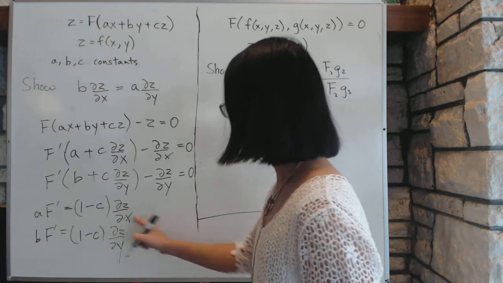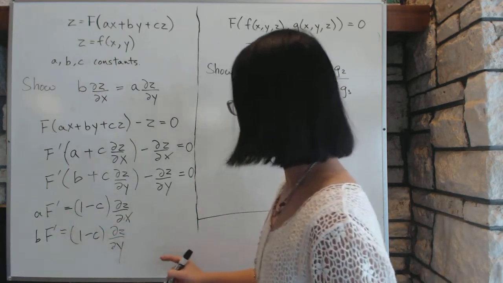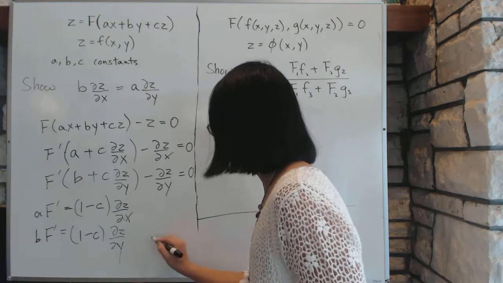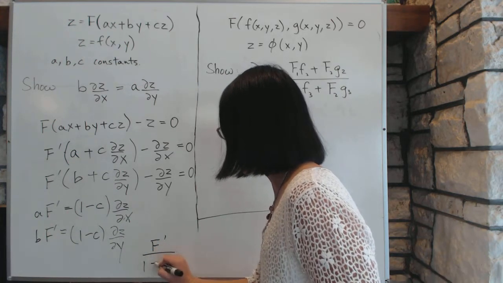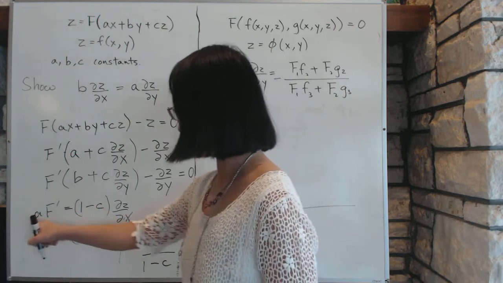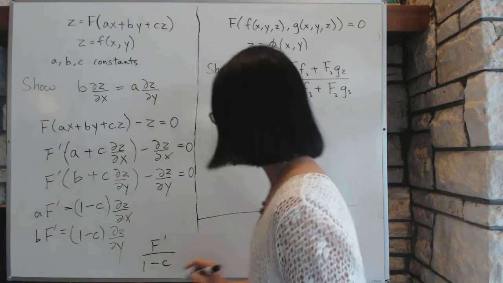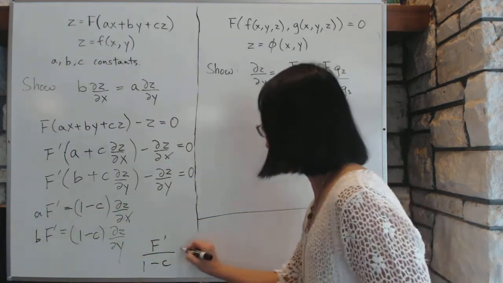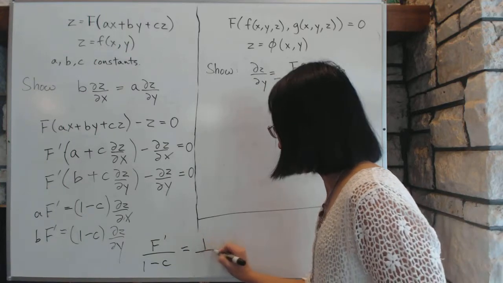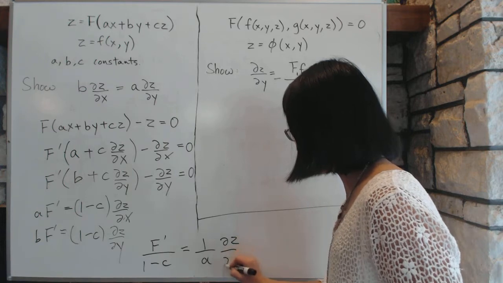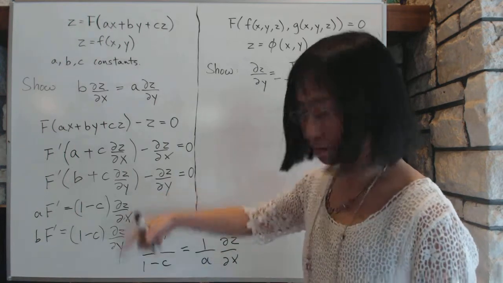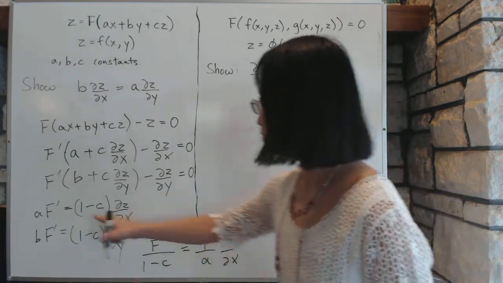So let's solve the equation like this: F prime divided by 1 minus c. We'll move the c down here and move the a over here. So from this equation, we get F prime over 1 minus c is equal to 1 over a times partial c partial x. That's from the first equation. We're just doing some basic moving around.